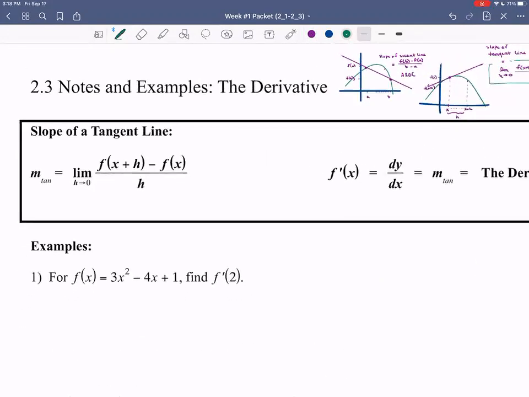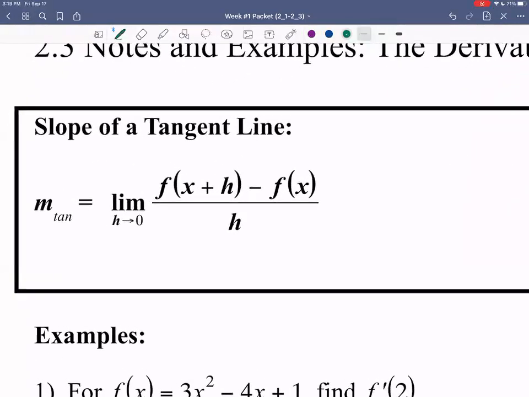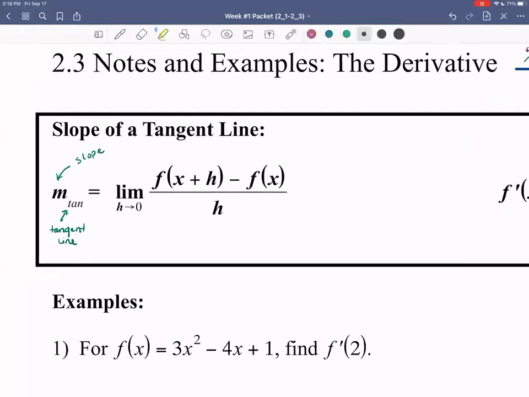All right, now with that, we're going to continue filling in our notes using the following box. This is just going to introduce some notation. m sub tan: m is typically used to denote a slope, and sub tan tells us this is the slope of a tangent line. The slope of a tangent line can be computed with the limit we just saw constructed: the limit as h goes to 0 of f of x plus h minus f of x over h.